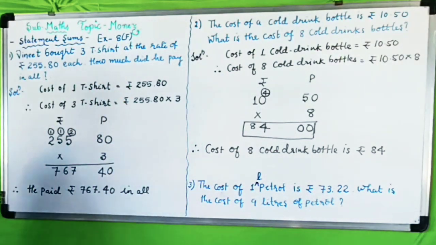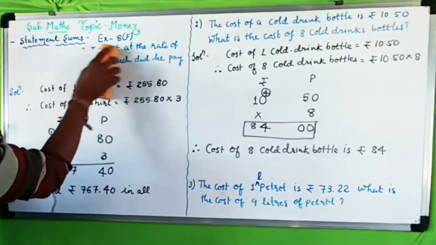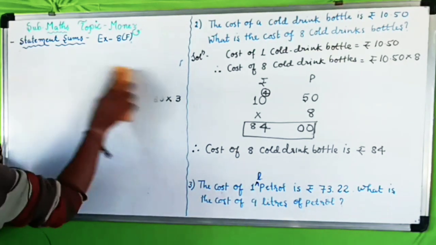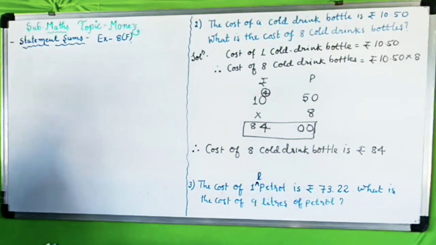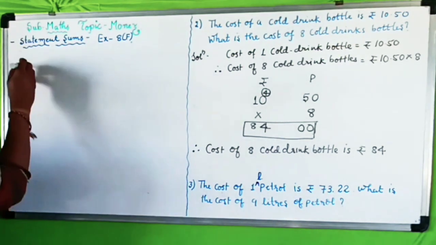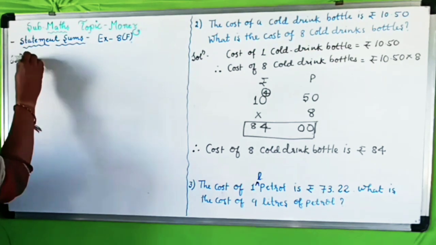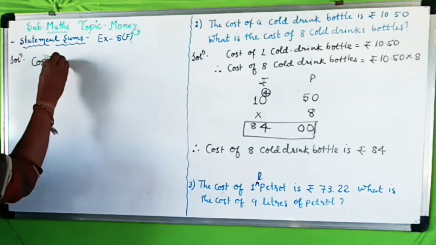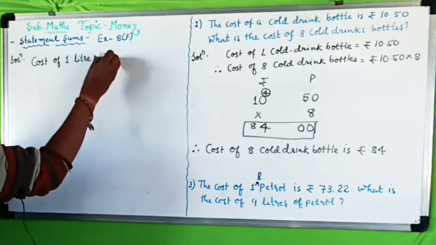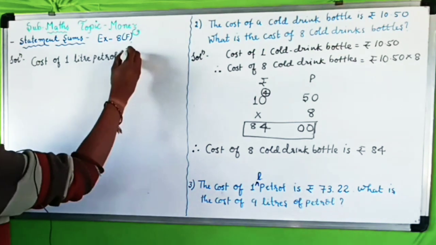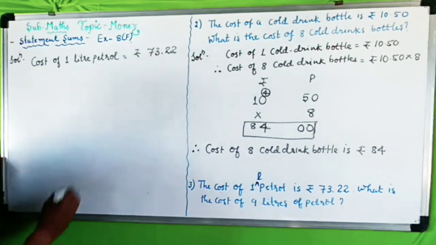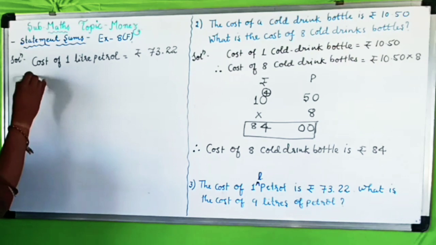So first of all, I will rub this one. Now I will write the same as before. Cost of 1 liter petrol equal to rupees 73.22.